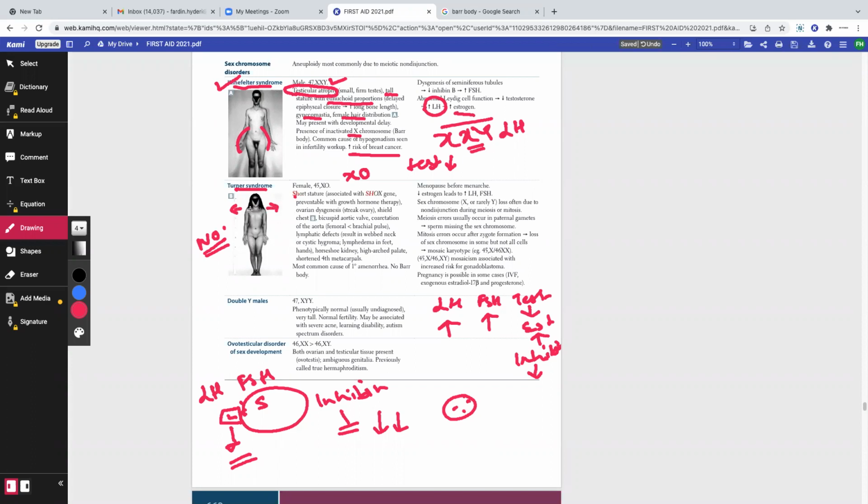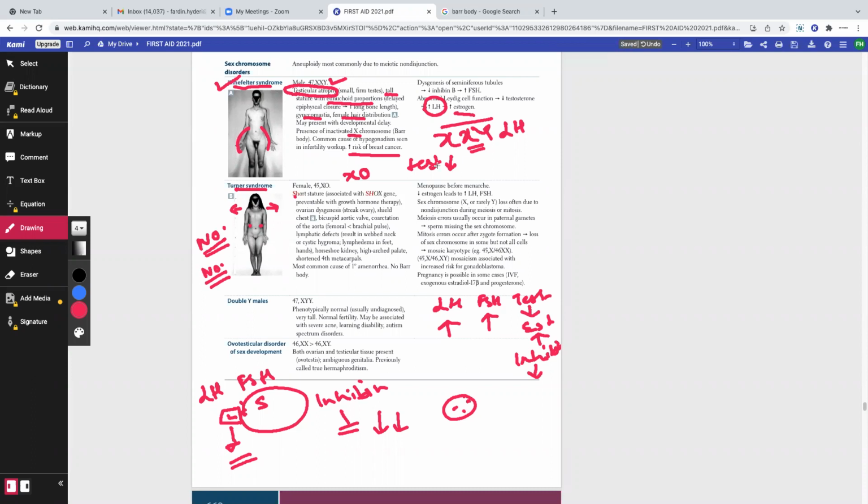Along with this, one of the highest yield problems of Turner syndrome, and I need you guys to remember this, is that these females have problems with their ovaries, meaning there is ovarian dysgenesis, an ovarian abnormality. So will there be proper production of estrogen? Yes or no? The answer is estrogen production will be decreased, and FSH and LH will be high.